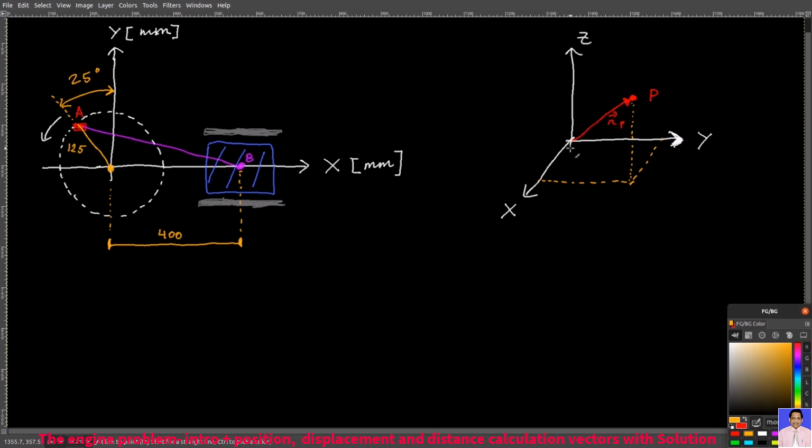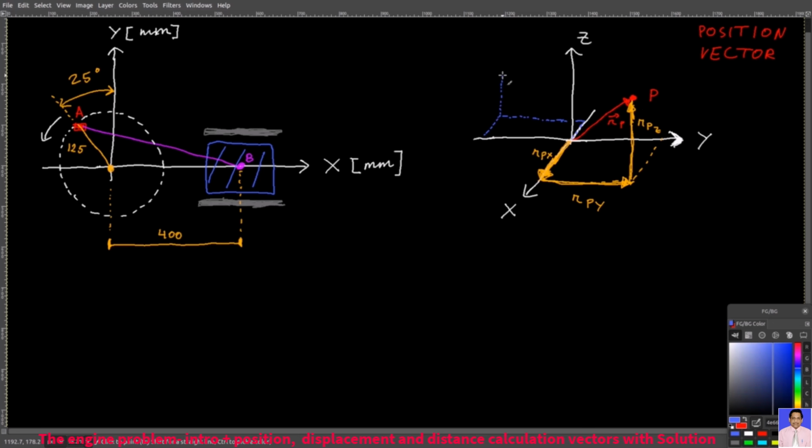This vector can be constructed with the three XYZ components, RPX, RPY, and RPZ. And this vector RP, it's called a position vector. It makes sense because it describes the position of something. The tail of that vector comes from the origin of the coordinate frame, and the head of that vector is where the point P is.